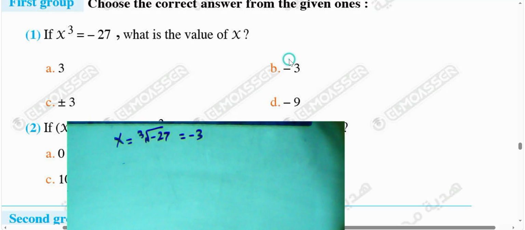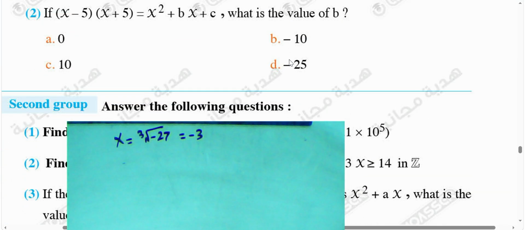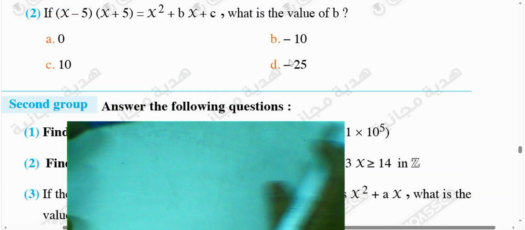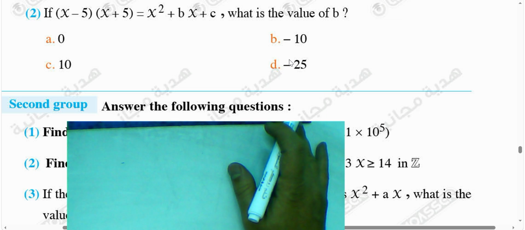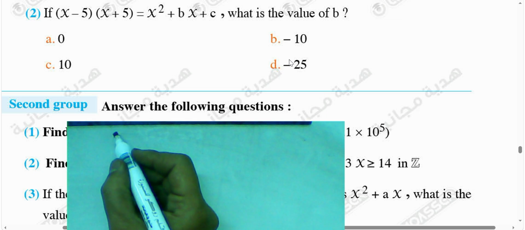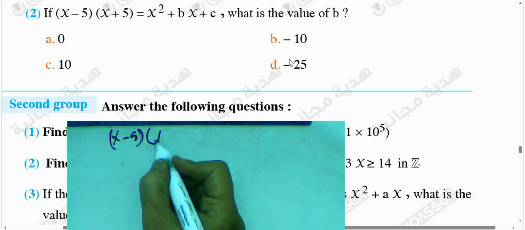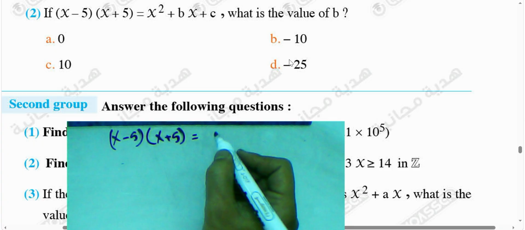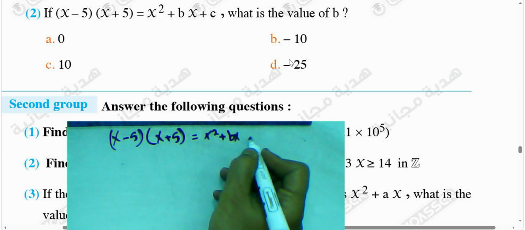Okay, choose letter B. If (x minus 5) times (x plus 5) equals x power 2 plus bx plus c, what is the value of b? The value of b equals 0, because we have conjugates. (x minus 5) times (x plus 5) equals x power 2 plus bx plus c.